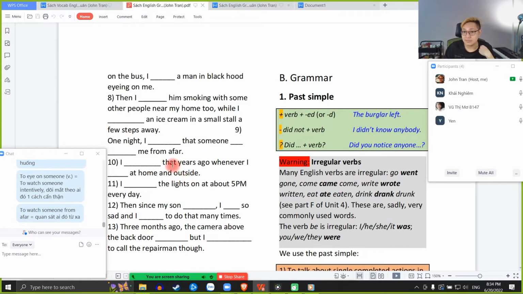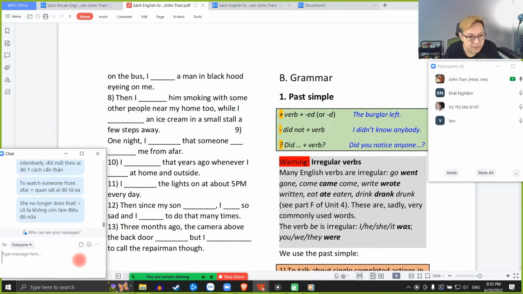Bây giờ không còn làm nữa mới gọi là đã từng. Now she no longer does that. That's why she used to. Cô ta không còn làm điều đó nữa.